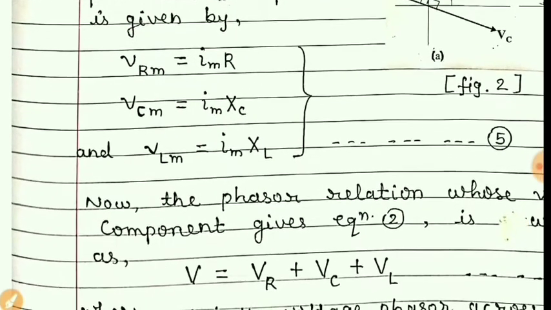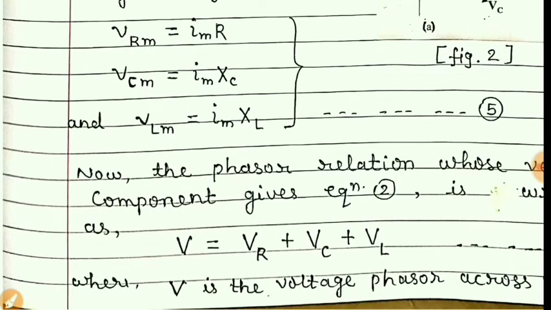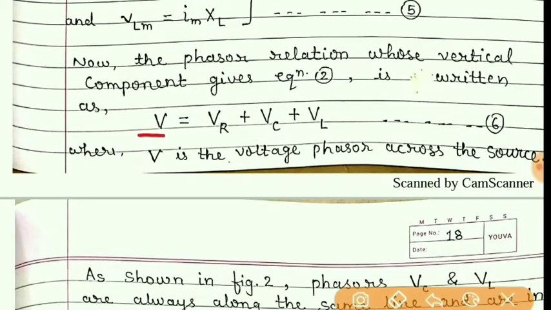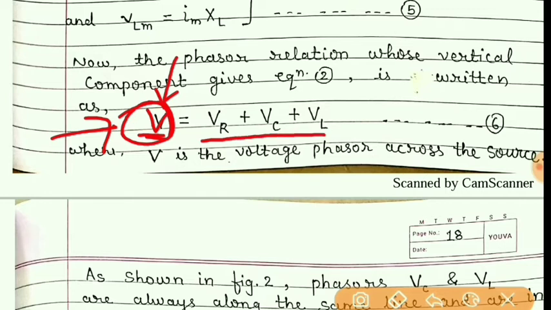Now the phasor relationship: the resultant voltage V, what is this V? This is the voltage of the source and its maximum value. This is the voltage supplied from the source, and its maximum value in the form of a phasor is given, so that V is equal to VR plus VC plus VL. This is not a new equation, students.